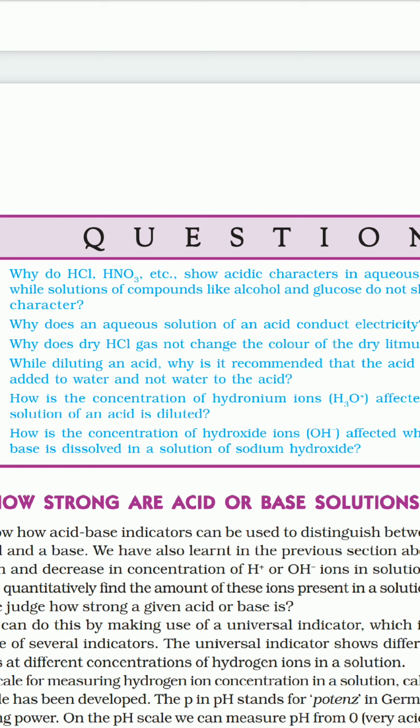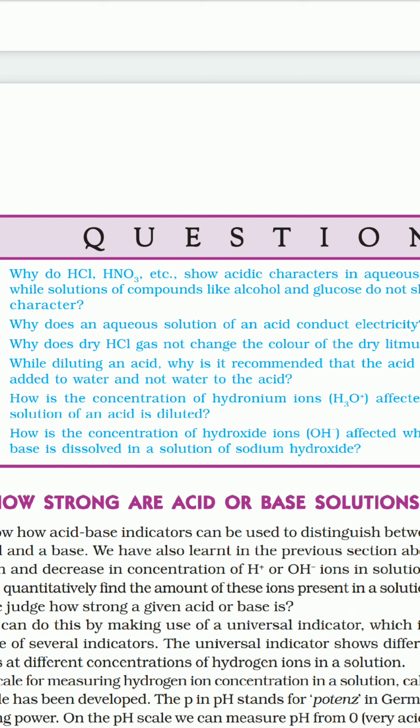Therefore, the concentration of hydrogen ions per unit volume decreases. How is the concentration of hydroxyl ions affected when excess base is dissolved in a solution of sodium hydroxide? Sodium hydroxide is a strong base. It immediately dissociates in solution to give hydroxyl ions and cations. Upon dissolving more of the base in solution, the concentration of OH- further increases.